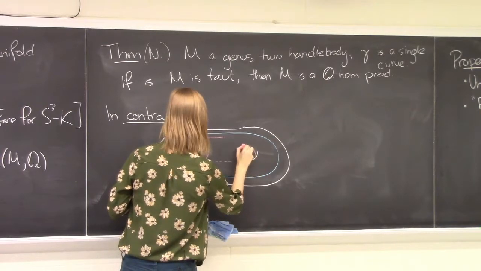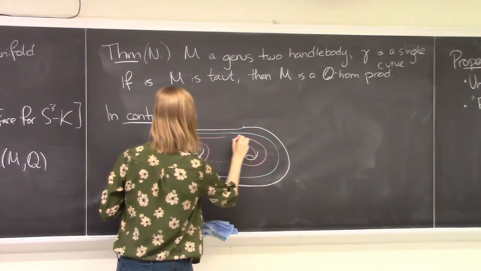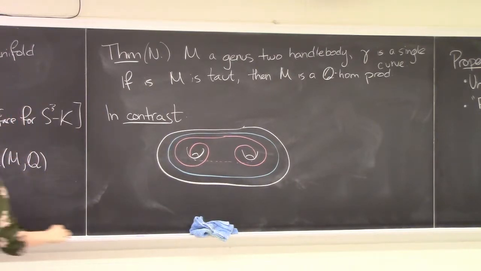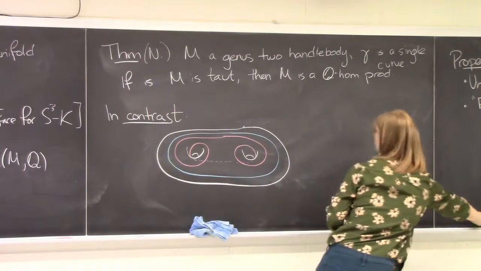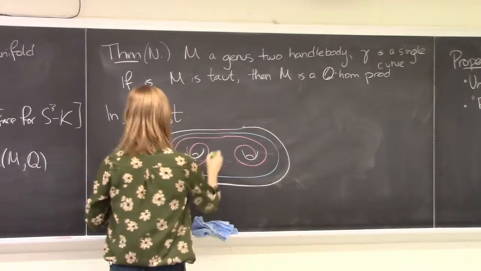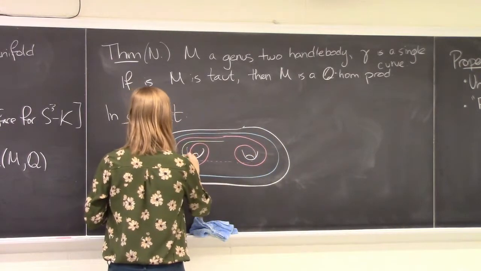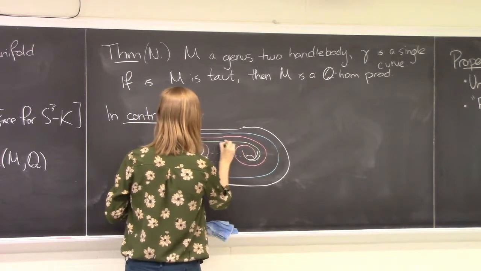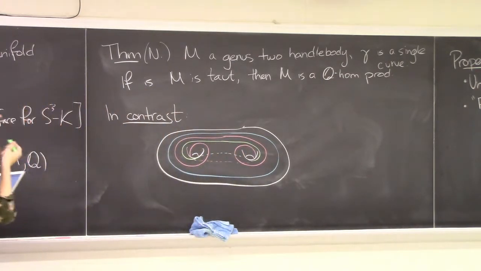So here I'm drawing the sutured structure on this genus 2 handlebody. And in this example, this turns out to be taut.